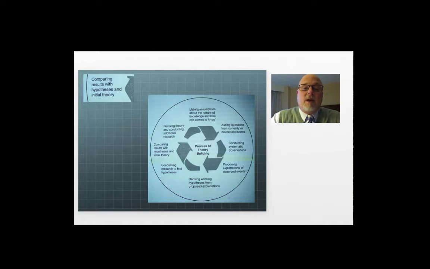The next step in the process is, now we've collected the data, we have some information that we can use. We're going to compare the results of that study with our hypotheses to see if they're consistent, and that's done by statistical means. There are a variety of statistical tools that we can use.